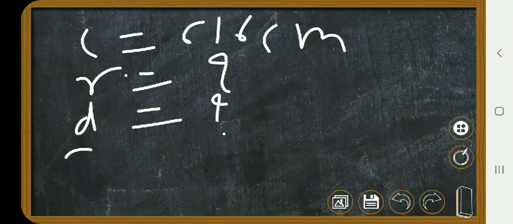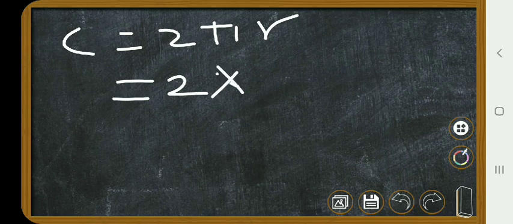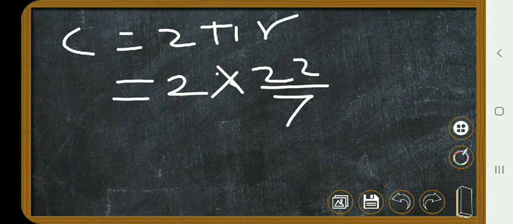According to the circumference formula, 2 pi r. Circumference formula is 2 pi r. We know the value of pi, that is 22 upon 7, and this r we have to find. We'll keep it as it is.